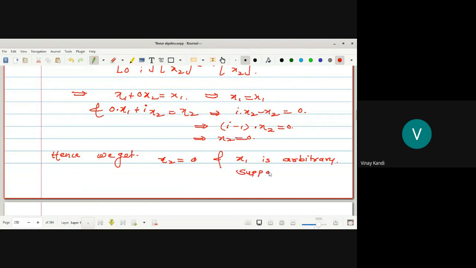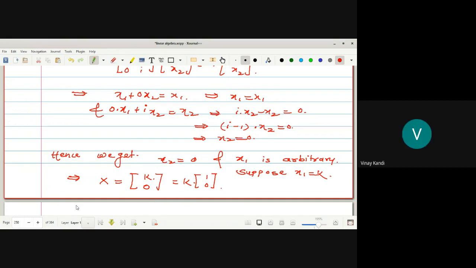Then X is equal to k, 0, which is k into 1, 0. Any doubt? So this is the characteristic vector corresponding to eigenvalue 1.